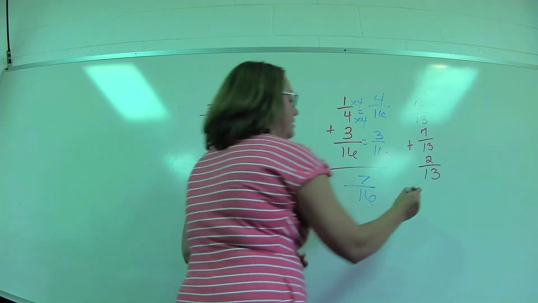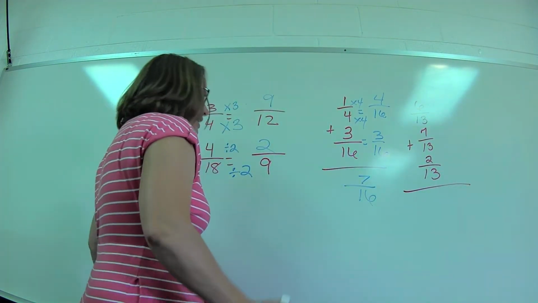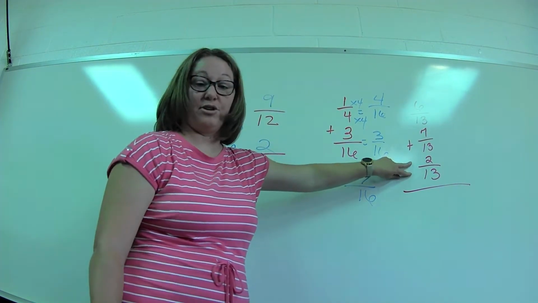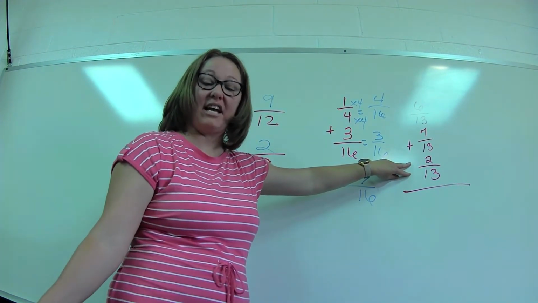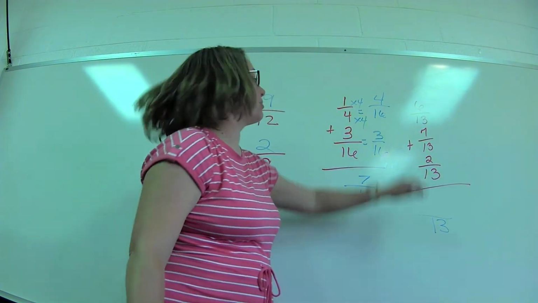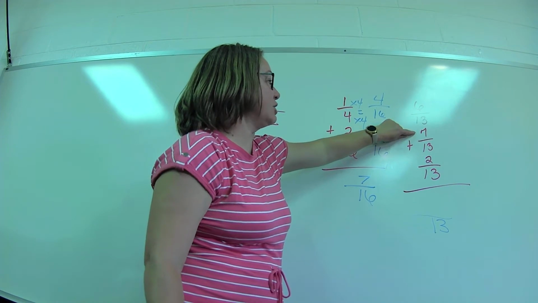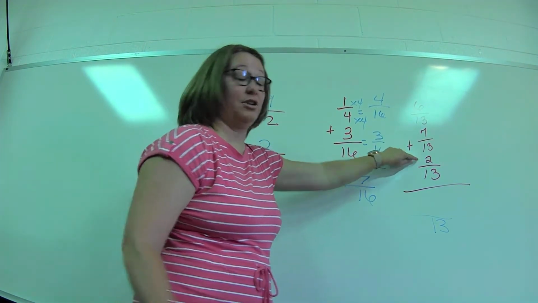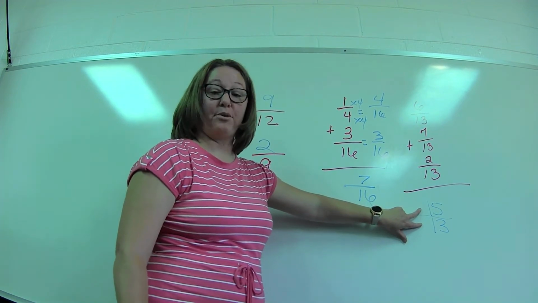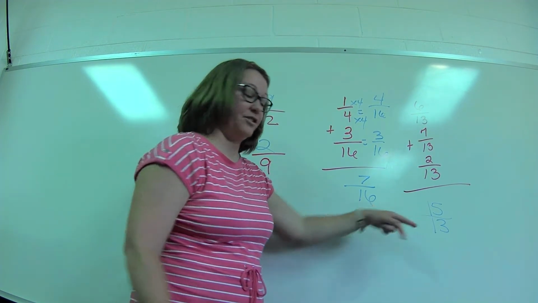Let me put my equal bar over here. Here I have 6/13 plus 7/13 plus 2/13. I have all the same denominator, 13. All right, so I can add my numerators. 6 plus 7 is 13 plus 2 is 15. Now I ended up with an improper fraction. You have to solve it out.